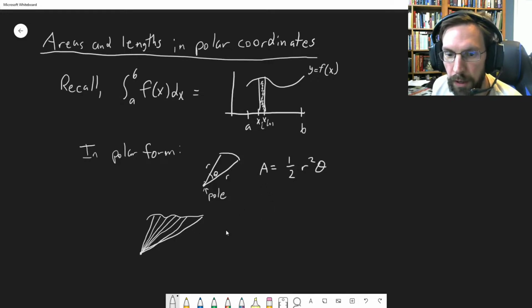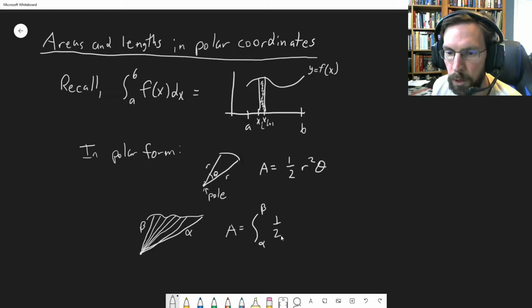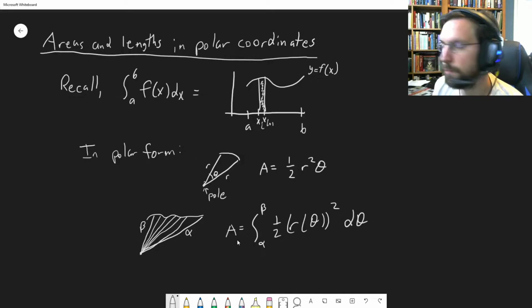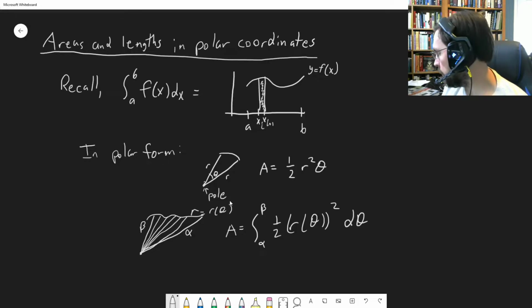So our integral in polar form, if we go from angle alpha to angle beta, is the integral from alpha to beta of 1/2 r of theta squared d theta, where r is a function of theta.